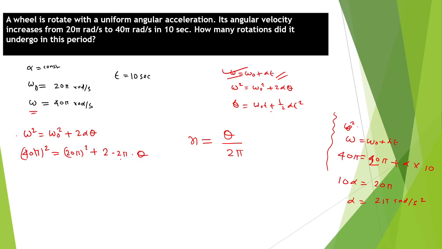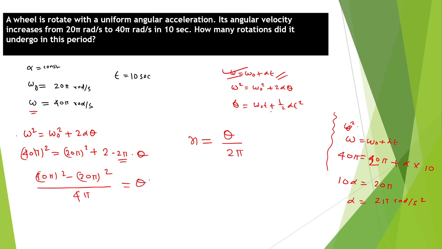So 2 alpha into theta, we put the value of alpha here, that is 2 pi. If I solve the question, it will be 40 pi square minus 20 pi square, divided by 4 pi, equals theta.